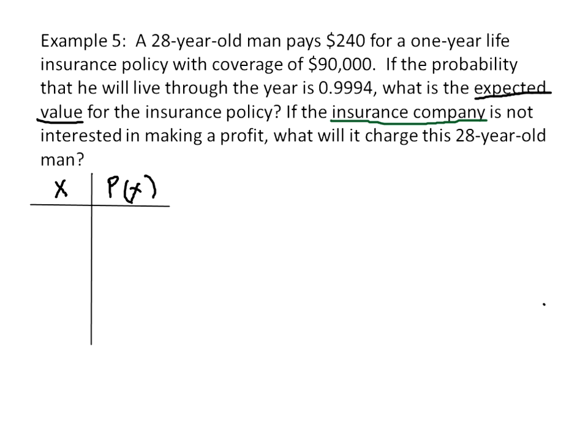All right, so the man either lives or dies. If he lives, the probability that he lives is given to us, 0.9994. So remember the property for a probability distribution table. If we add up the probabilities, what was that supposed to equal?